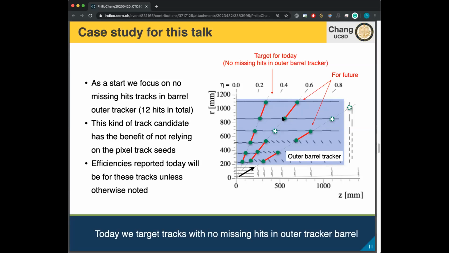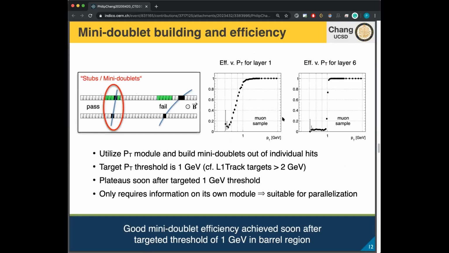On slide 12, going back to the mini-doublets to show the efficiency of building the mini-doublets. As I've explained, we're utilizing the PS modules and building the mini-doublets out of individual hits. The targeted pT threshold of the study is currently at 1 GeV. This kind of mini-doublet, or stubs, using the PS modules is also being done with custom hardware for the L1 track trigger for CMS in the future, but those are targeting 2 GeV and above.